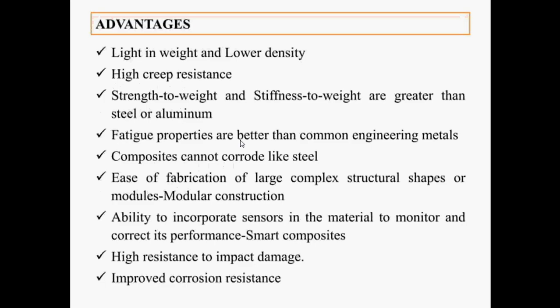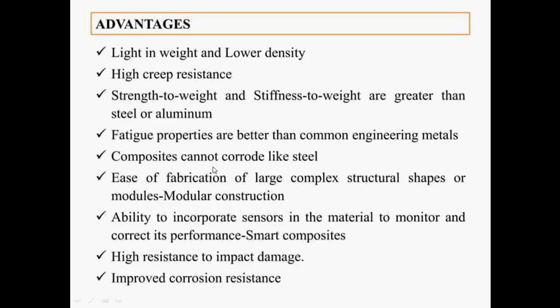Next is about advantages. There are many advantages. Light in weight and lower density, high creep resistance, so any temperature you can resist. Strength to weight and stiffness to weight are greater than metals. Fatigue properties are better than common engineering metals.